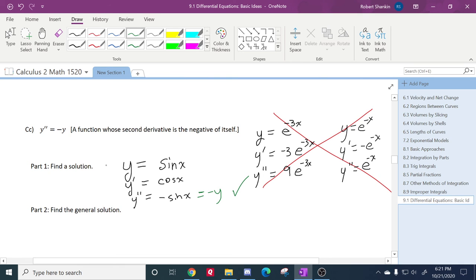All right, let's go to the next part. Find a general solution. And let me warn you, the general solution for this one is not easy. Let me give you a minute on that.